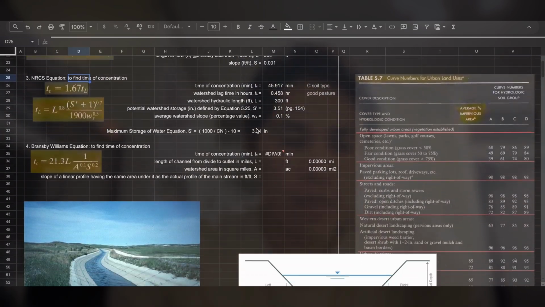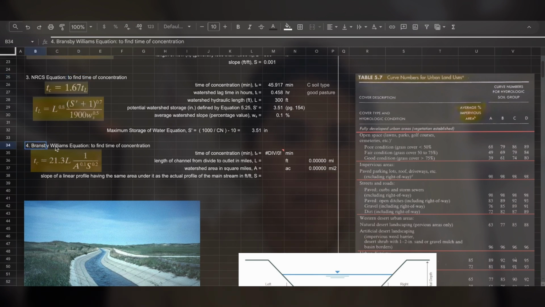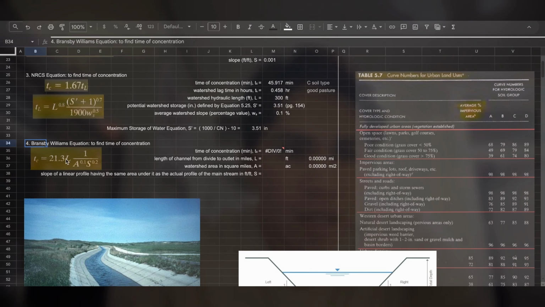Now let's move to the last method, which is the Bransby Williams equation. For this equation, we need the length that the water is traveling, the area of the watershed, and the slope. Just pay attention that our length is required to be in miles, and our area is required to be in square miles.